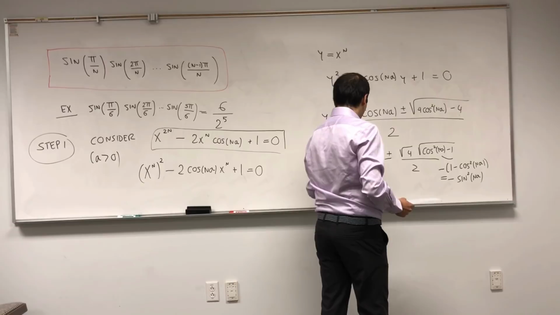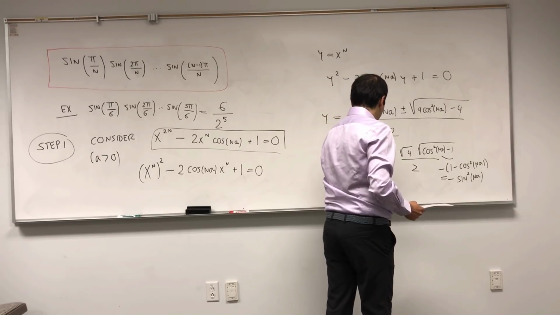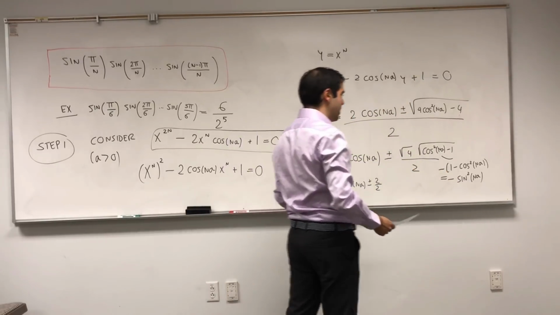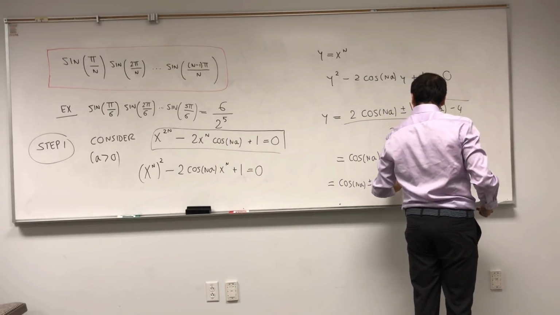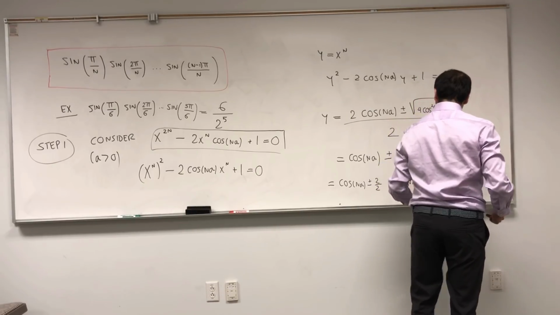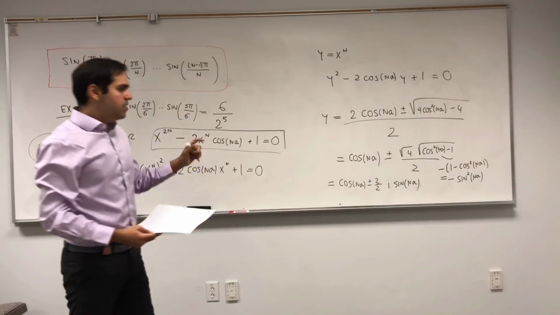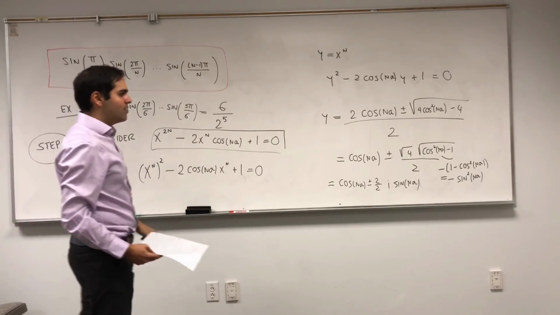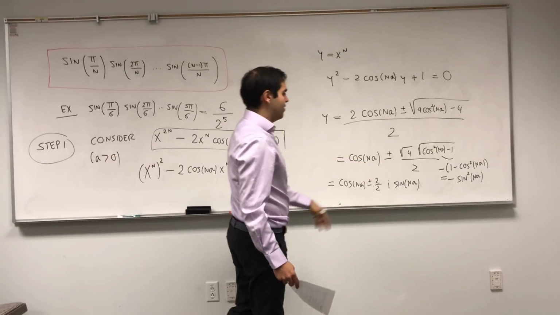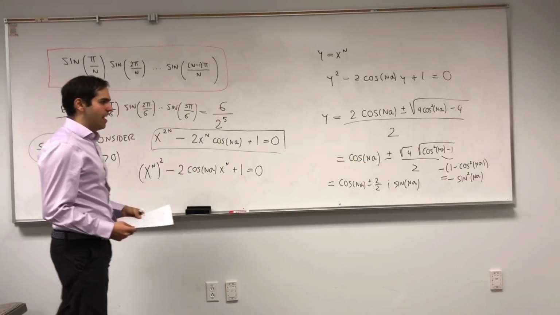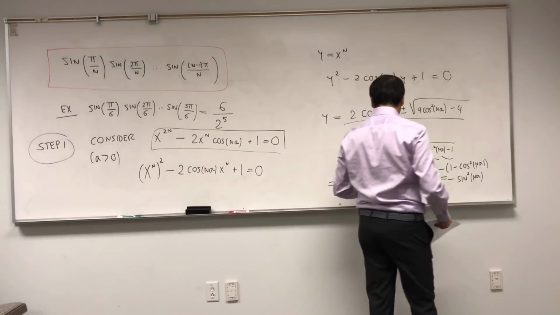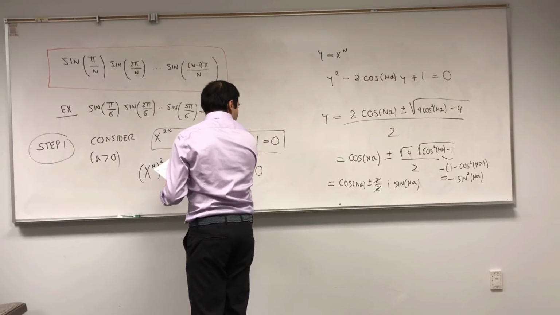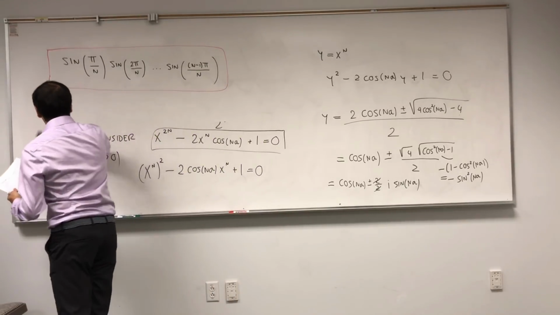And so we get cosine of na plus or minus 2 over 2 times the square root of minus sine squared na, which becomes i sine na. And n is positive, and we let a go to 0, so a is close to 0. So this sign is positive, and therefore the answer is i sine of na. Because you have minus sine squared of na, the 2's cancel out, and then we're left with y equals this very nice formula.